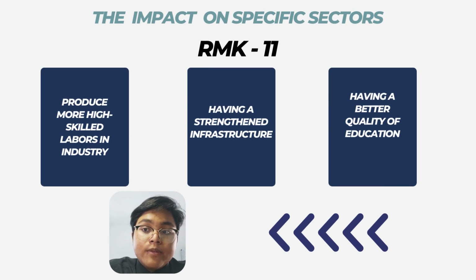In the 11th Malaysia Plan, our government drafted to produce more high-skilled labour in the industry. The government decided to transform technical and vocational education and training (TVET) to fulfill the demand for high-skilled labour in the industry by having better management for TVET and empowering quality TVET programs to improve graduate marketability in the industry.